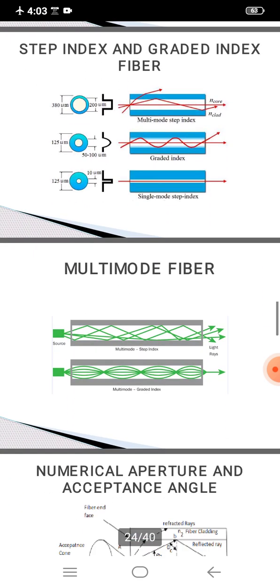So this is the comparison of multi-mode fibers of step index and graded index fiber. The first diagram represents the transmission of multi-signals in multi-mode step index fiber. Then the second one represents the multi-mode transmission through graded index fiber.